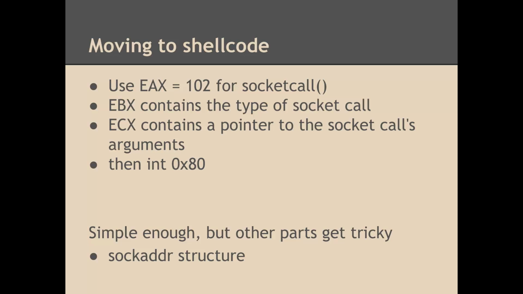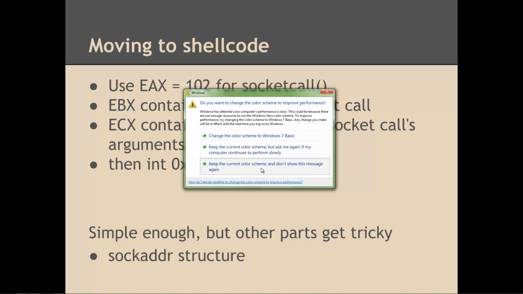And EBX will specify what function inside of the socket call handler to actually trigger. Then the ECX will be the start of the arguments for the particular socket call. Usually it's a pointer to an array of arguments. So it's pretty simple, but some parts get tricky.